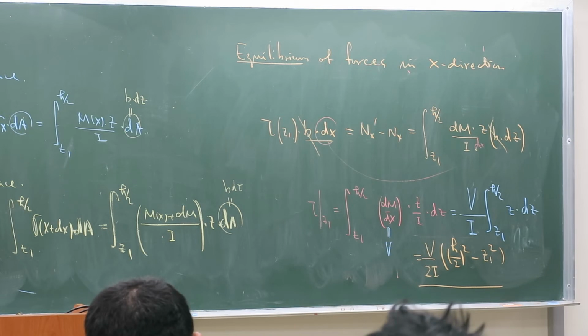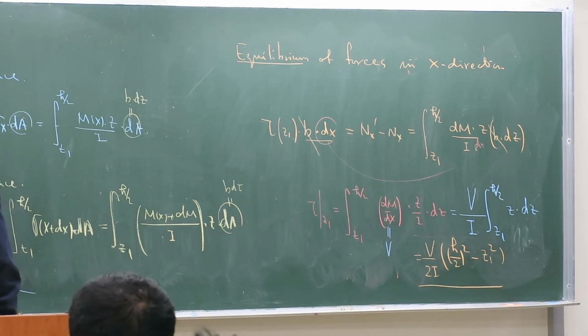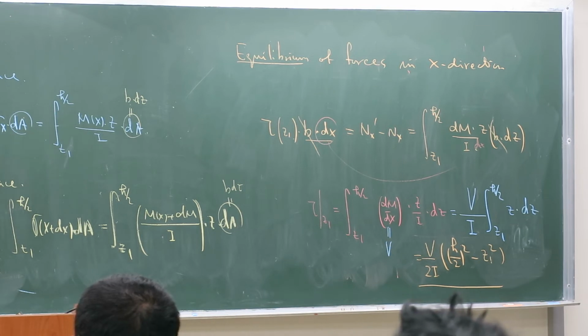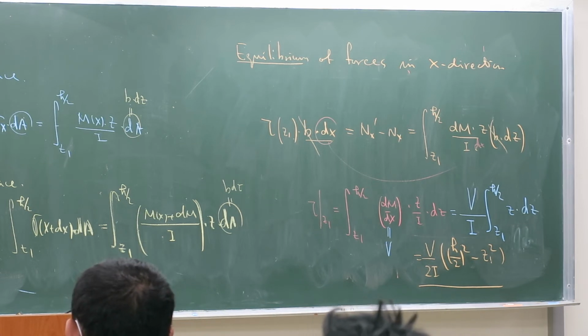So here we have a shear stress tau at z1, the same as this. So the cross section will have a shear stress in the vertical direction. For the element here, the shear stress is horizontal, but it is equal to the vertical shear stress.